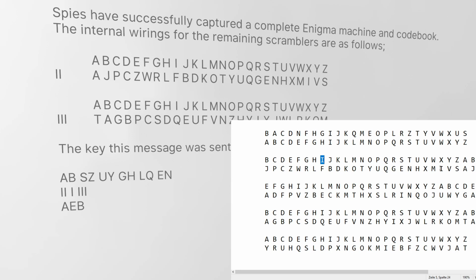I drew it up. I is here. Then we go straight down to A. And then in the reflector, we would go straight down, but now we're scrambling again, which means we go A to A, right? And then we go down straight to B. And again, we're scrambling, so we're not reflecting it.